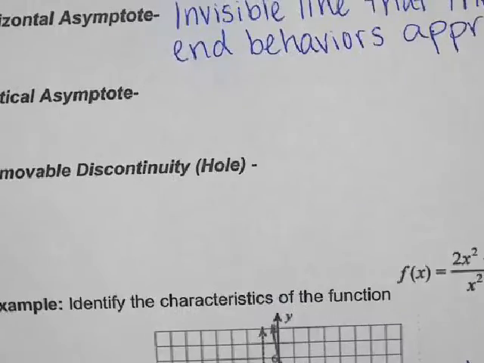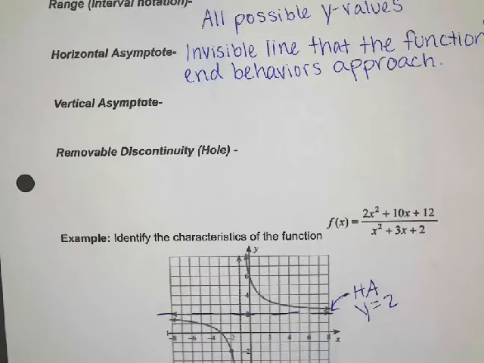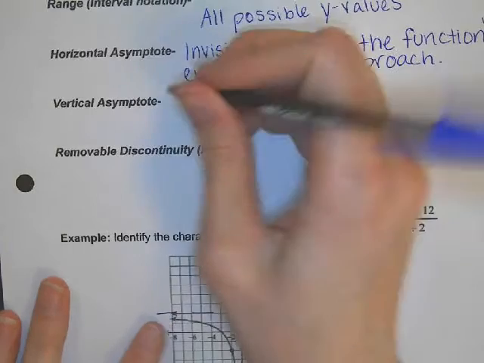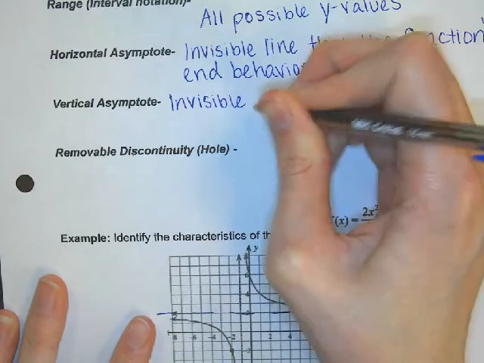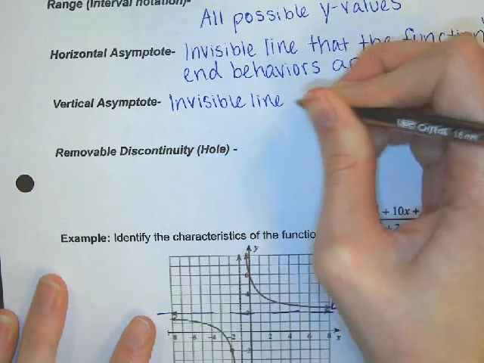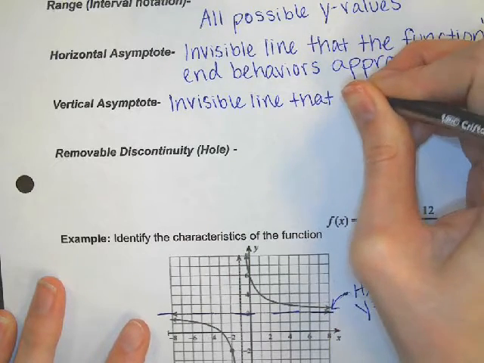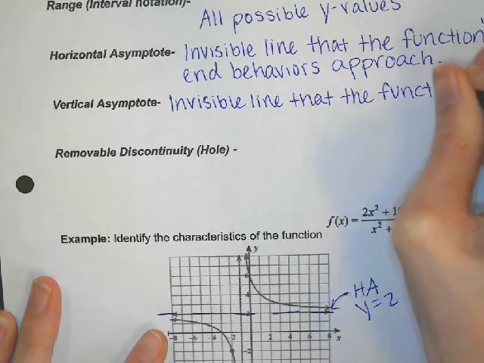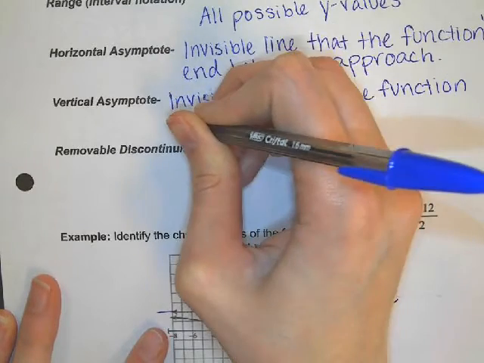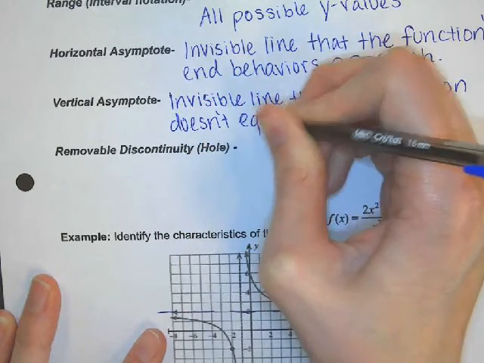Vertical asymptote. So vertical asymptote is kind of the same except it's a discontinuity. It's an invisible line that the function doesn't equal, meaning it will not cross.